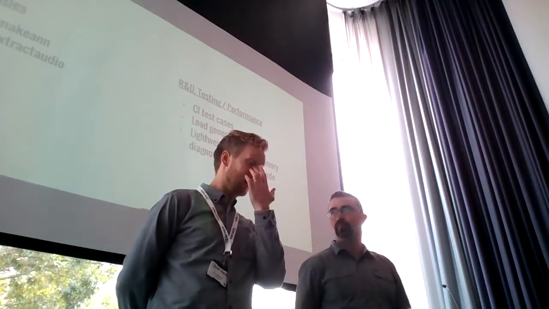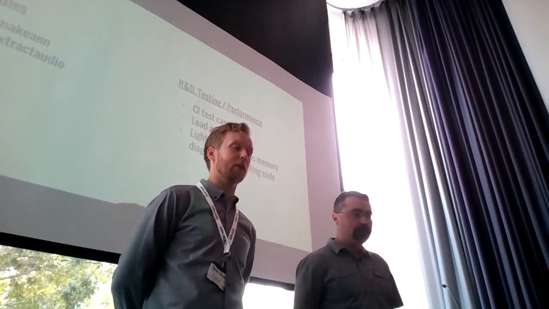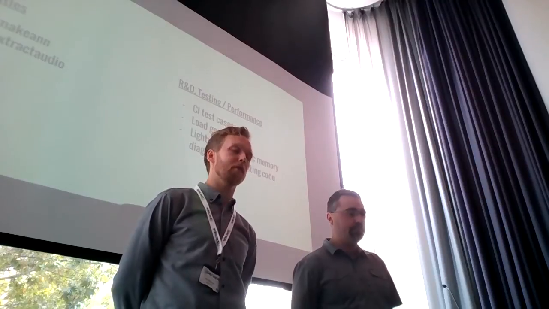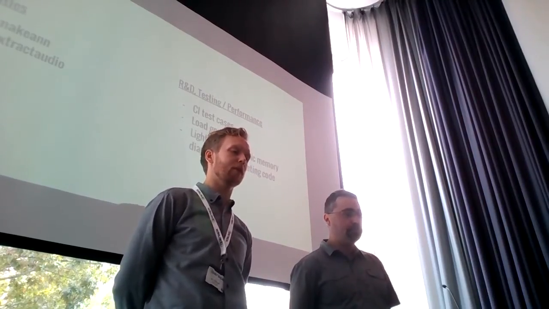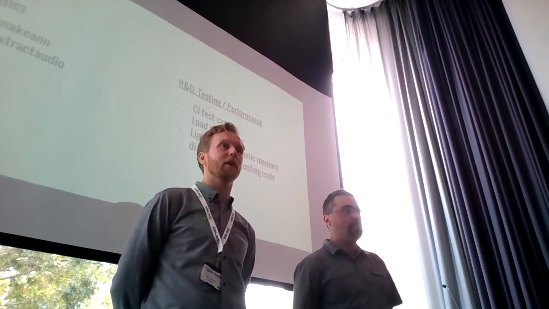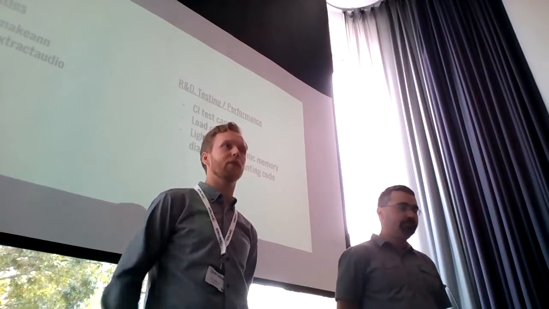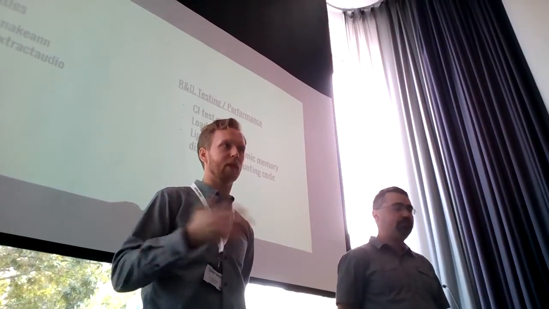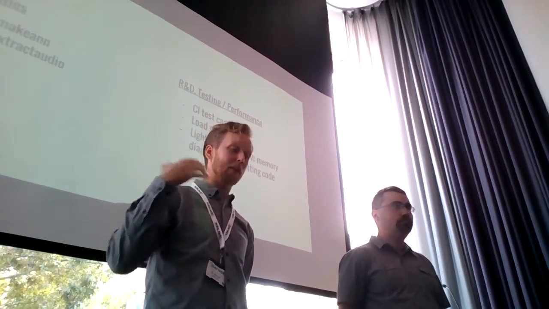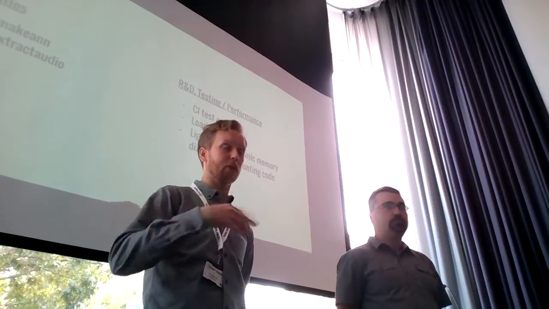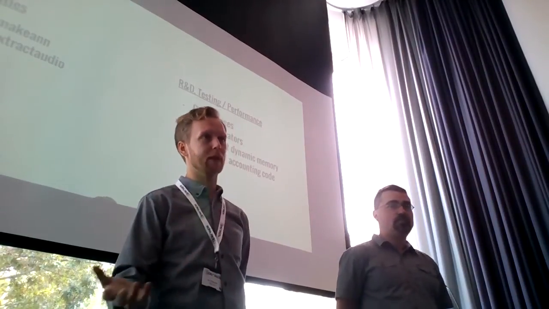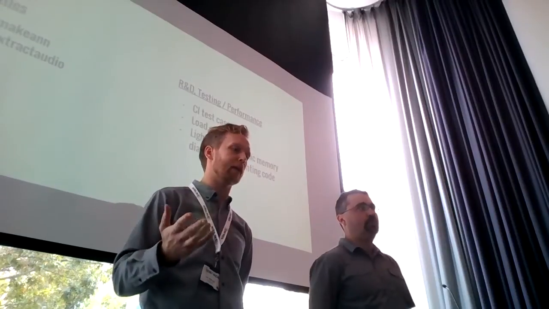So we put a bit of extra work into the testing and R&D side for RTPproxy in the past couple of years. We have continuous integration running on Travis, which runs our test suite and passes packets through RTPproxy in various ways, captures them from the actual network interface to see if there is any loss or anything like that.